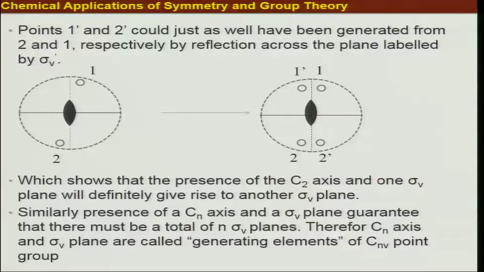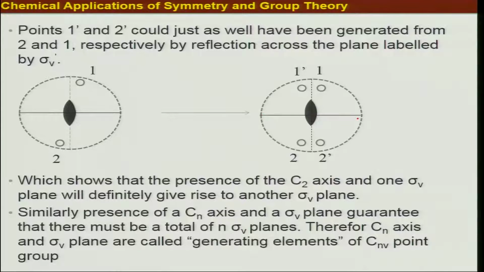All right. So what is on your screen is what I just said, that this 1 prime and 2 prime could be generated from a reflection of the points 2 and 1 through a reflection plane here.